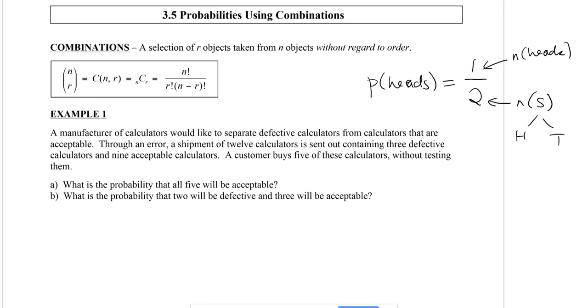It says a manufacturer of calculators would like to separate defective calculators from calculators that are acceptable. Through an error, a shipment of 12 calculators is sent out containing 3 defective and 9 acceptable, and the customer buys 5 of these calculators.